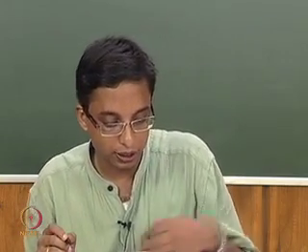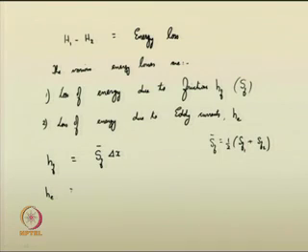Your eddy loss can be given by HE is equal to some coefficient KL into the change in velocity. Please note that it is the change in velocity that is causing it.